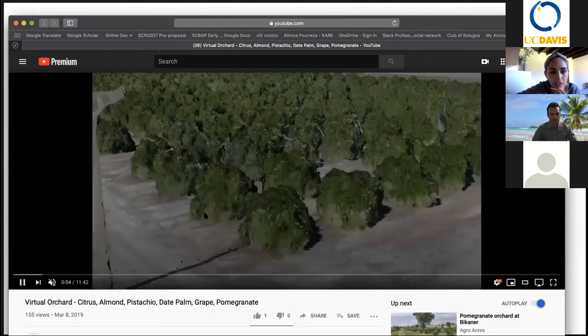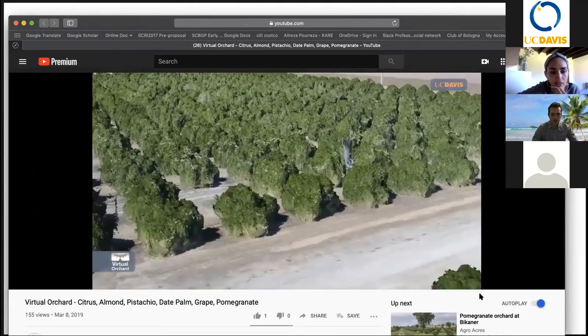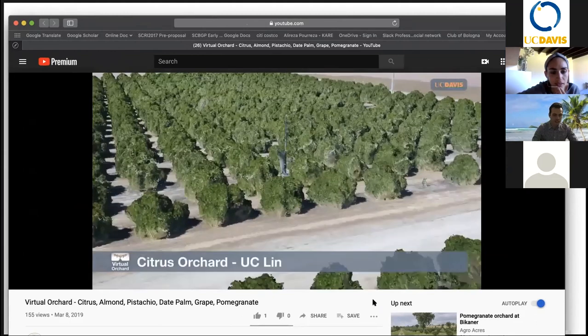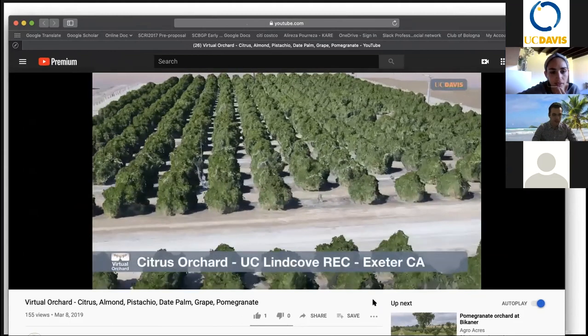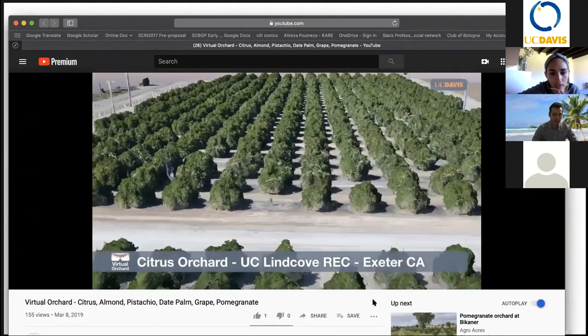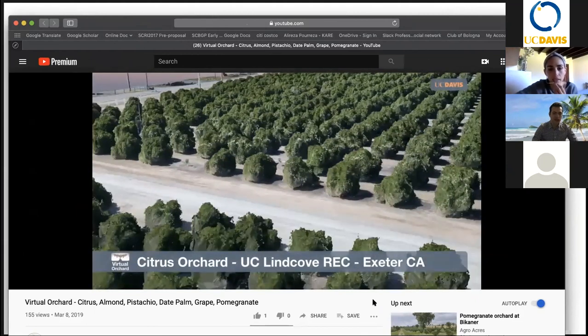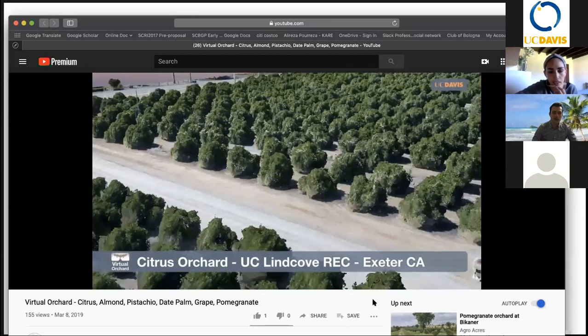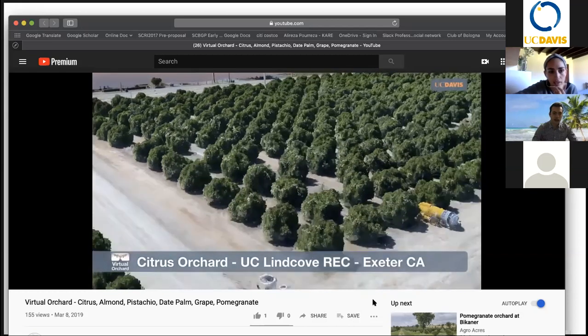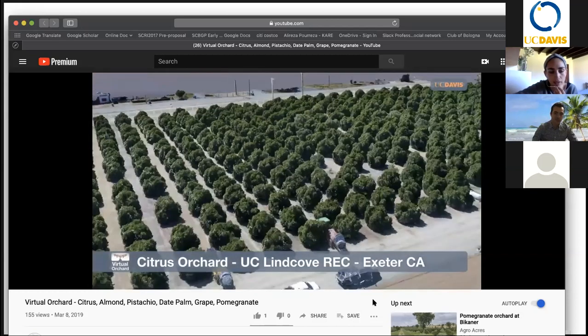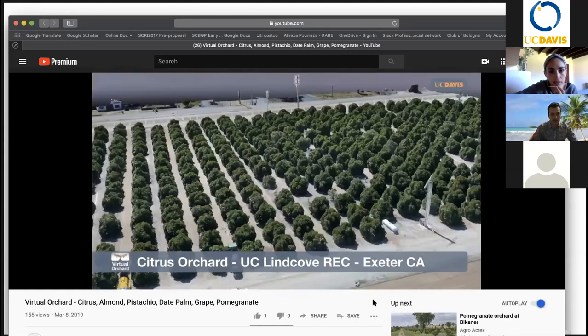Perfect. Okay, so this is a virtual orchard. This is a 3D model of a citrus orchard that is generated using photogrammetry. In this case, we use aerial RGB imagery, but we collect them with an oblique angle to the ground.